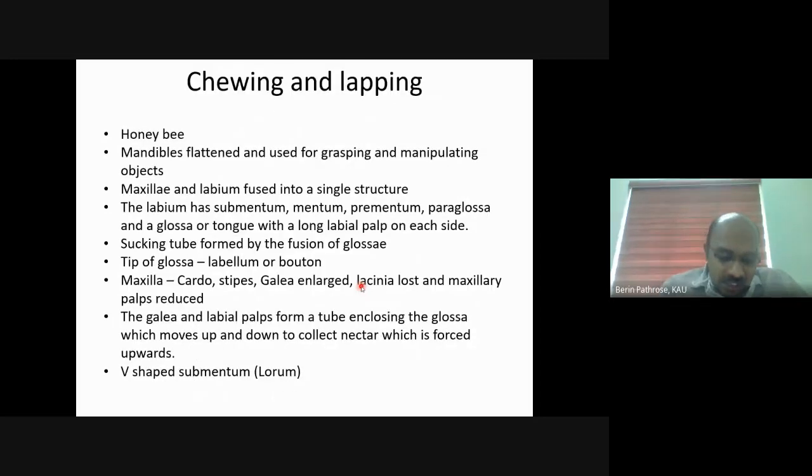Coming to the next, that is the chewing and lapping kind of mouthpart. This is the last modification of mouthpart. This we see in the case of honeybees. Here we have a part which is modified for chewing. The mandibles are modified for chewing, and the maxillae and labium are modified for sucking. But the mandibles here are not modified for cutting plant tissue.